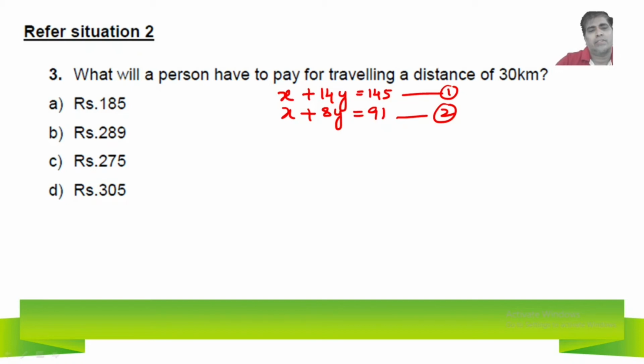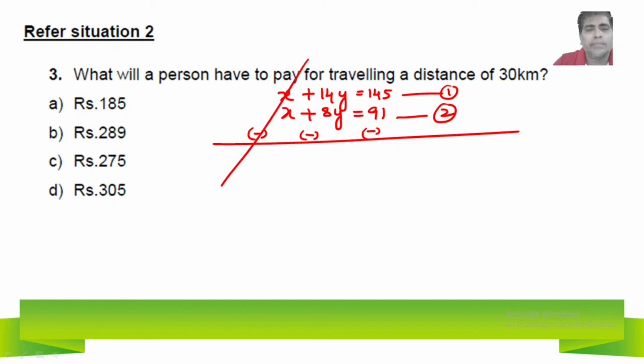So again, the same process that we applied in the question we just solved. Eliminate x here. While eliminating x, change the signs. Minus, plus becomes minus, plus becomes minus, and plus becomes minus. So x is eliminated. We get 14 minus 8, which is 6y is equal to 145 minus 91.